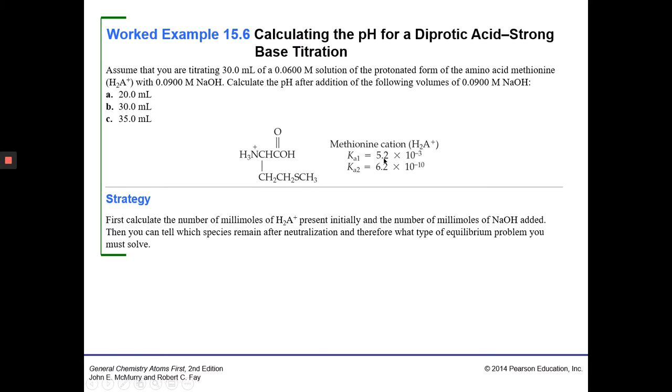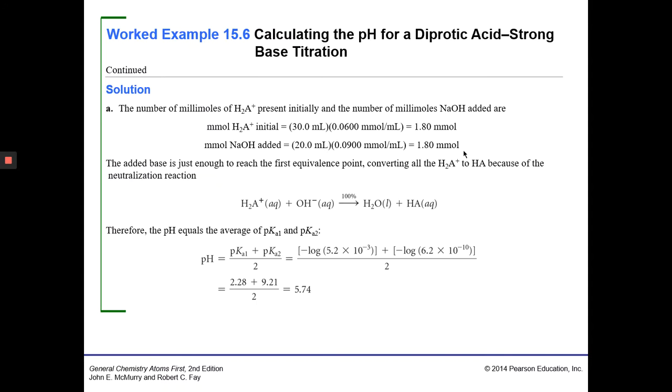Okay, so we would take minus the log of each one of those to get the pKa values. Now it turns out that it does not work if you take the average of these and then you take minus the log. You get the wrong answer. Okay, you have to take minus the log first and then take the average. Okay, so that's 5.74.